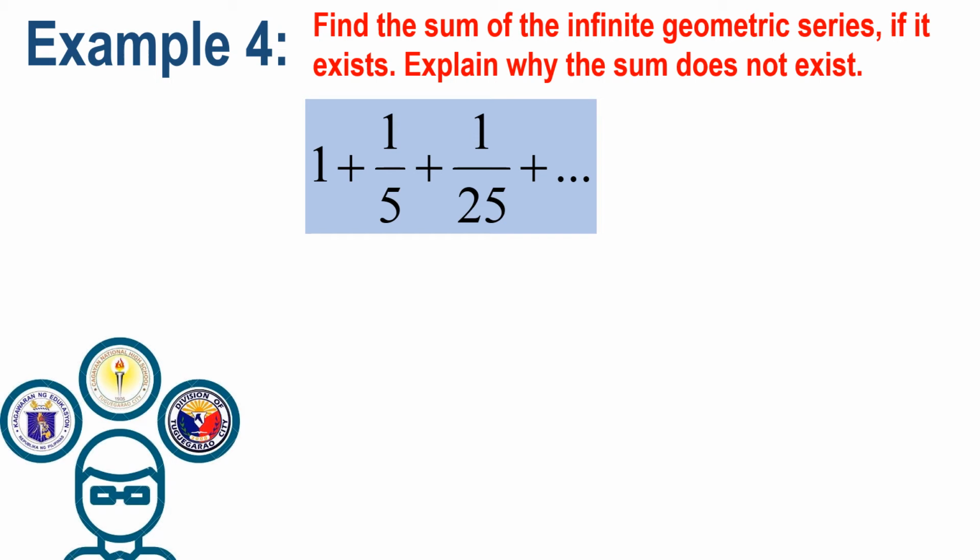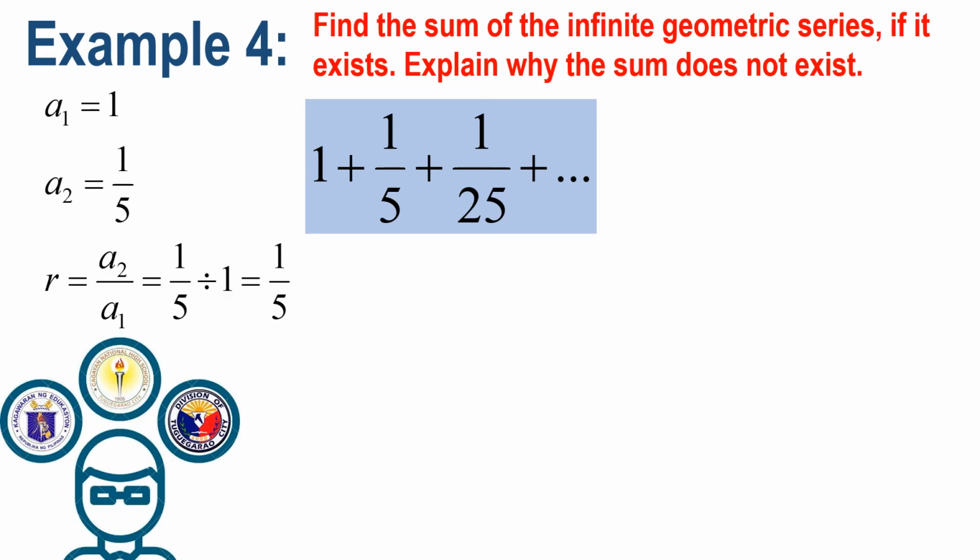From the given series, we know that the first term is equal to 1, the second term is 1/5. Given the second and the first term, we can now solve for the common ratio. That's the ratio of a sub 2 all over a sub 1, which gives us 1/5 divided by 1, which is equal to 1/5.